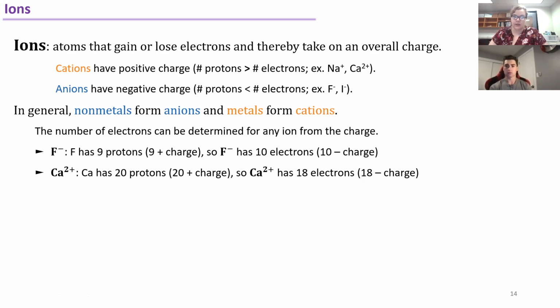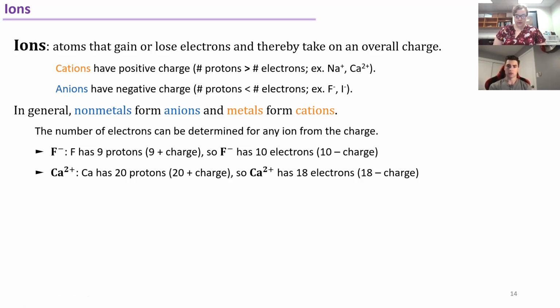Iron can have a charge of 1, 2, 3, and that just depends on how many electrons you've taken away. But things on the far left side of the periodic table, like sodium or calcium, are going to have a definite charge. A sodium is always going to be +1, and calcium is always +2.